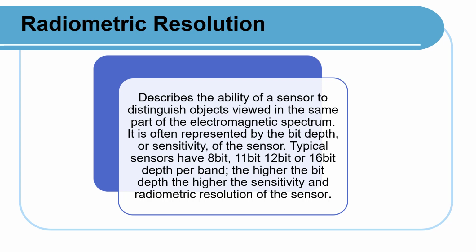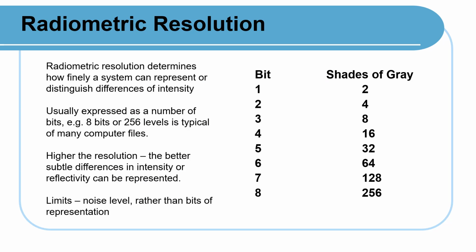So our data is 8-bit, which is 2 to the 8th power, or 256. That refers to the shades of gray. This chart is showing 1 through 8 bits, and each shade of gray is 2 to the power of the bit number. It is how finely a system can represent or distinguish differences of intensity.